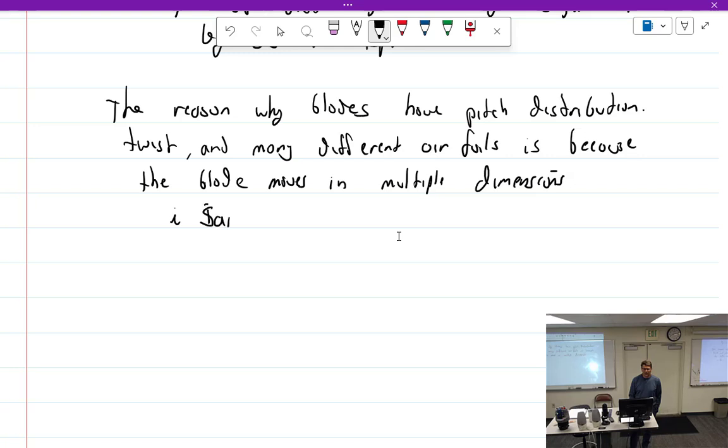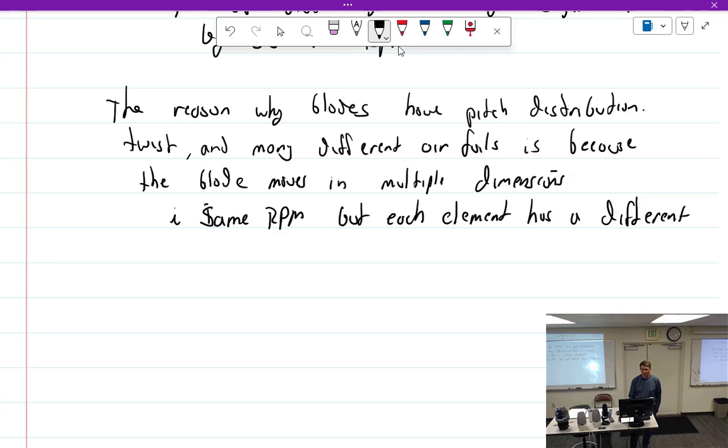Same RPM, but each element has a different speed, as in miles per hour.